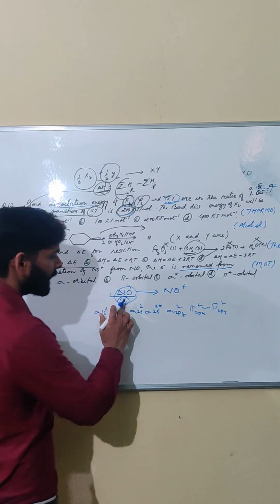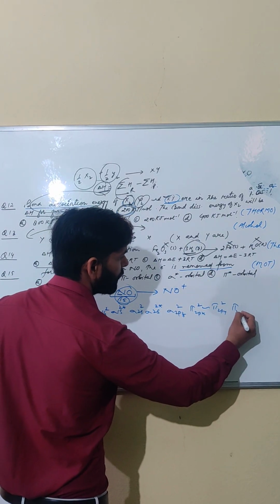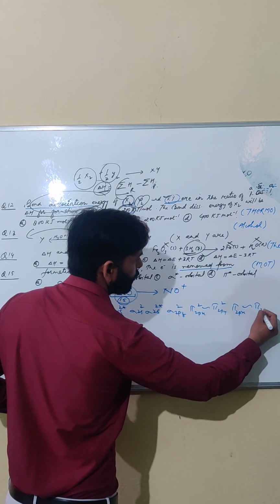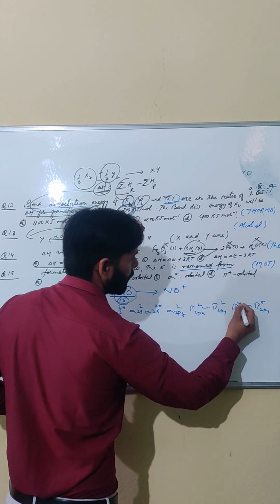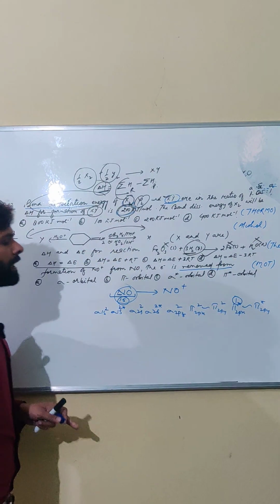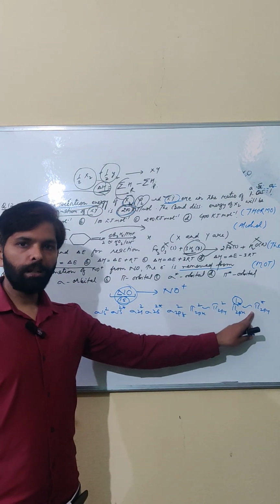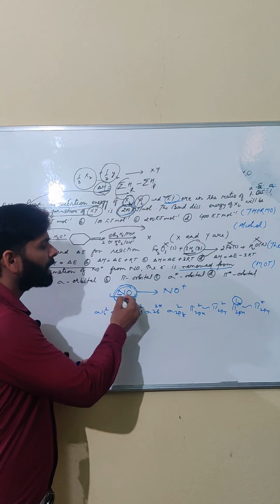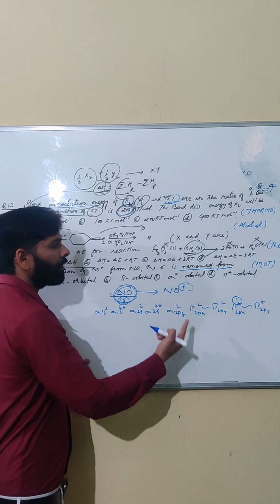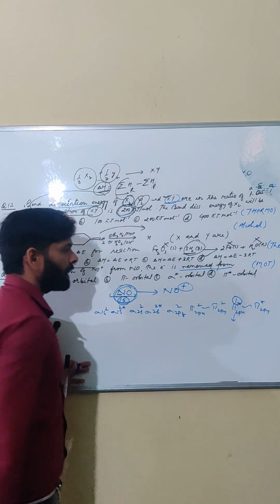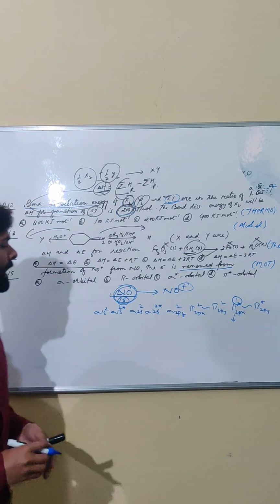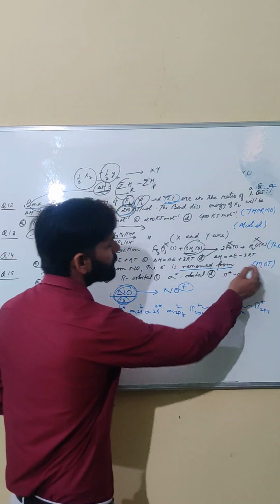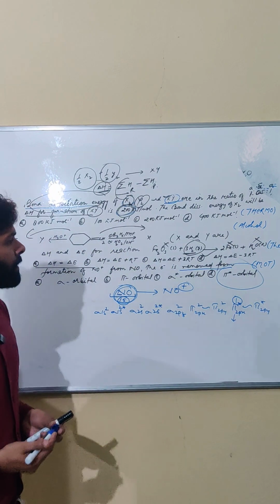Now 1 electron is left, the 15th, in pi 2px, pi 2py anti-bonding. So our 15th electron is in the pi 2px orbital. So when NO gets converted to NO plus, the electron will be removed from this orbital, pi 2px anti-bonding. So our answer will be this pi orbital. Thank you.